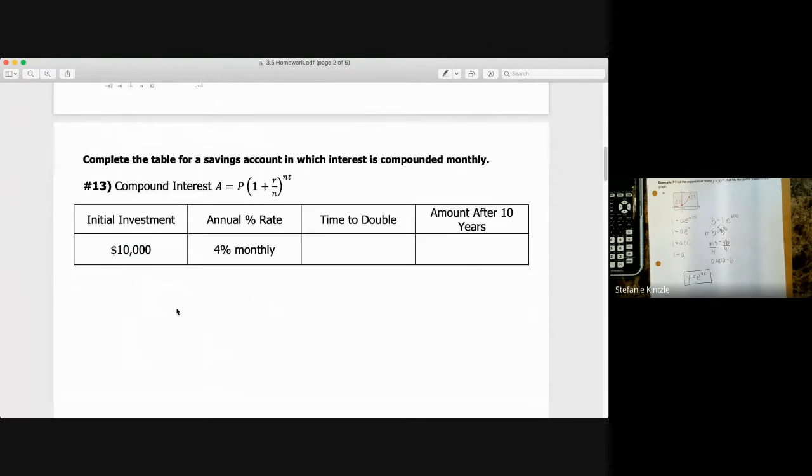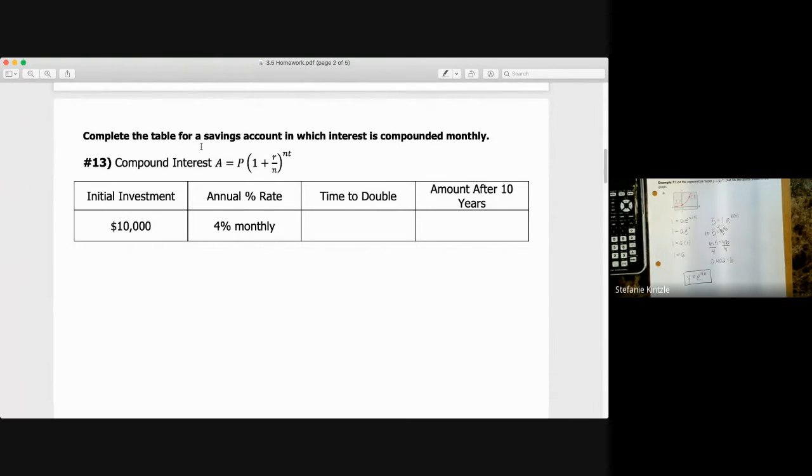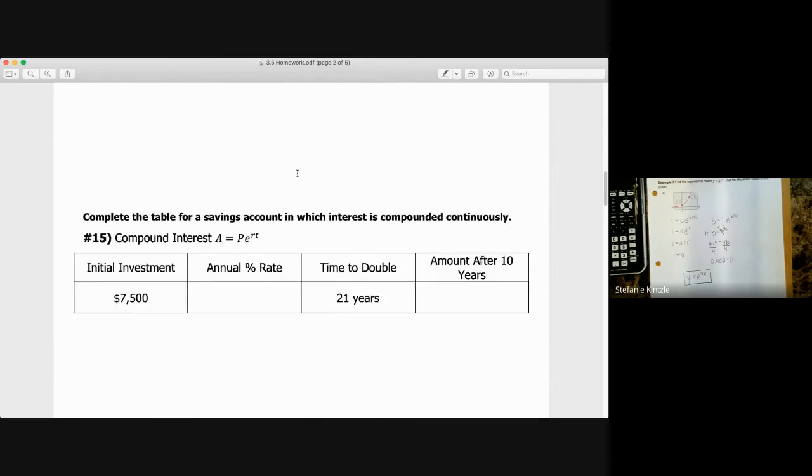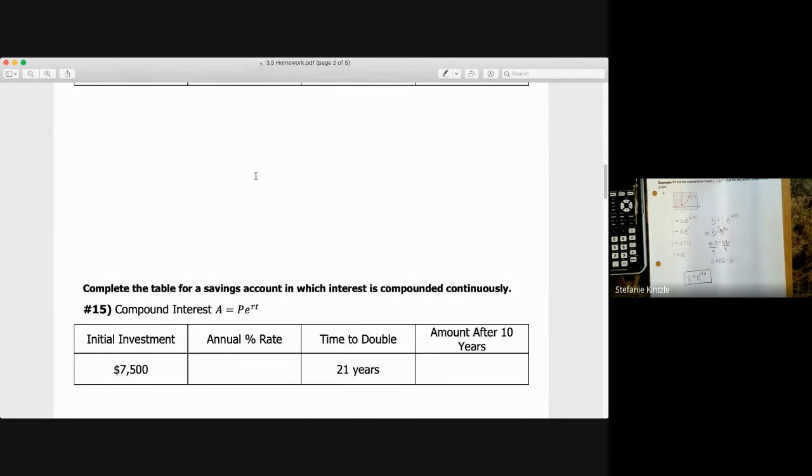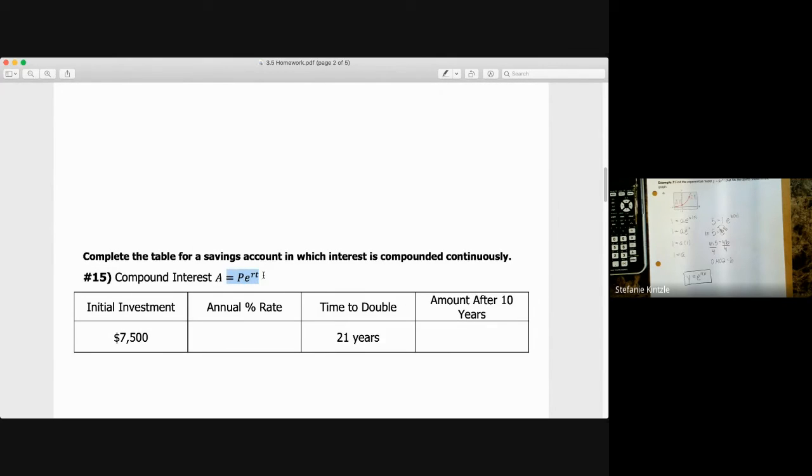Then here, this is updated, so I can't remember what yours said, but this first one is compounded monthly, so I think that formula is written there. But for 15, it still has this formula, and for 15 we're going to do compounded continuously. So scratch out that formula and write P times e to the RT power.